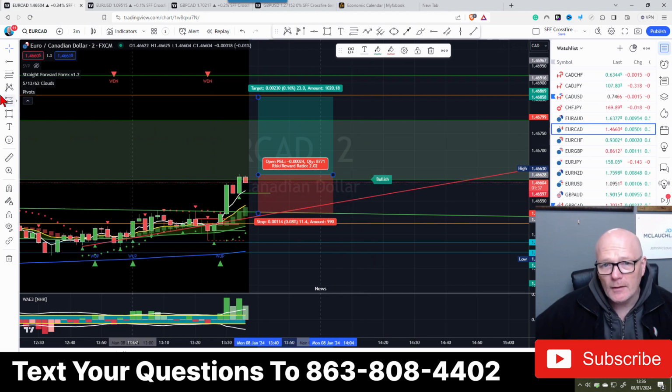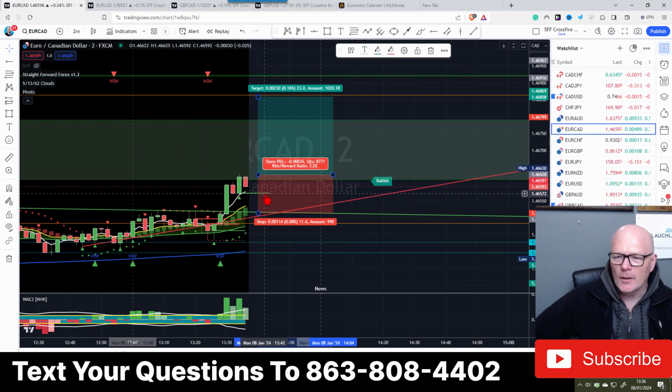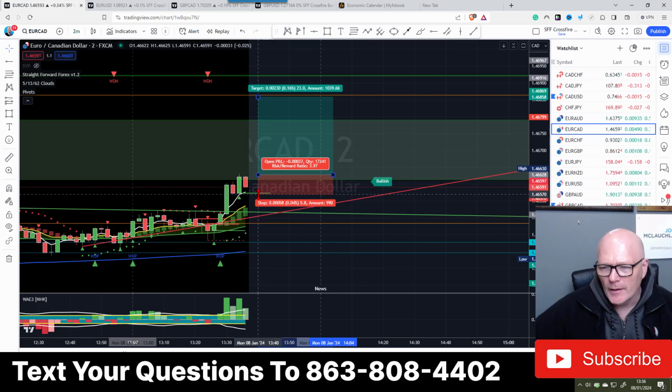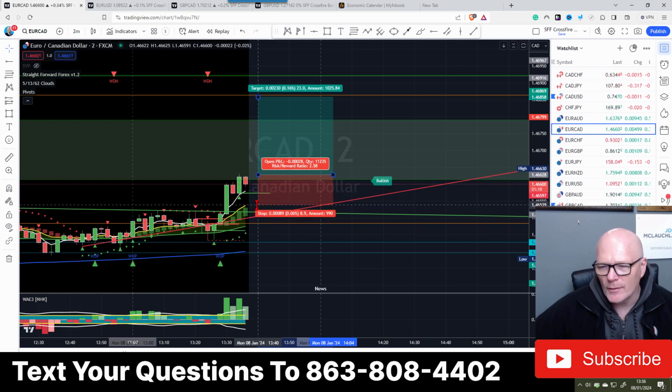Okay, now the straightforward Forex indicator shows us the engulfing candle and also this line, which is a potential stop loss area, although again this area here is a little bit tight as well, 5.8 pips, and I always like somewhere around 7. So if I looked at 7, that takes us to here, but where is that in relation to price action?